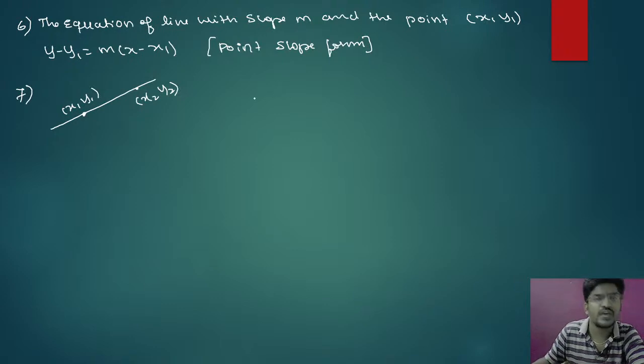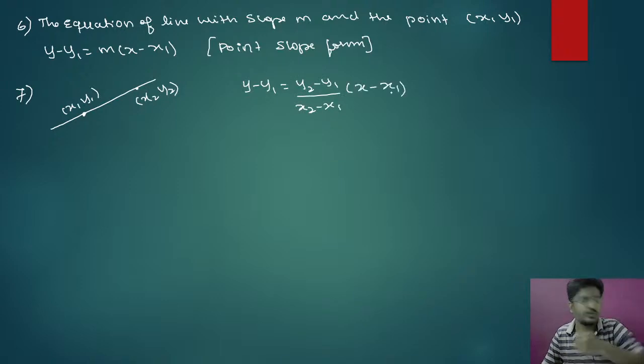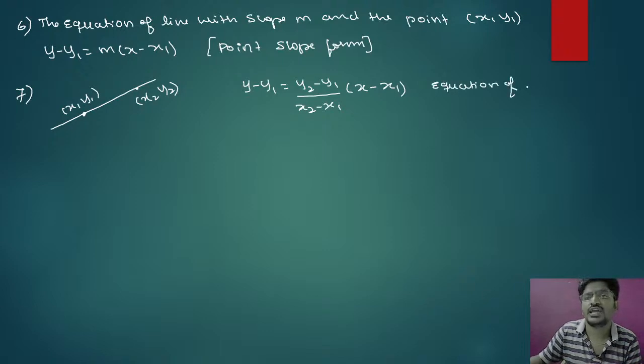So the equation of line passing through 2 points will be y minus y1 equal to y2 minus y1 divided by x2 minus x1 into x minus x1. Okay. So this is our line passing through the 2 points. Okay.